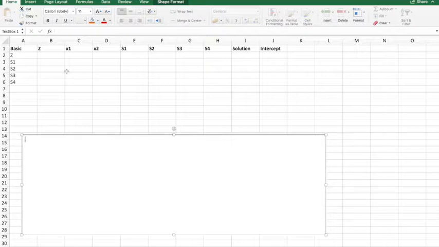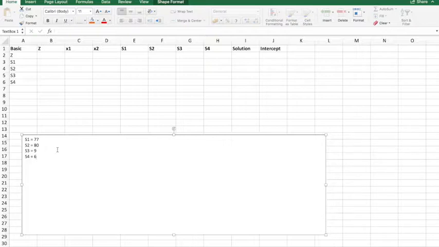Okay, so if we start at that solution, we can solve for each one of our variables. S1, let's use capitals, so S1 will equal 77, S2 will equal 80, S3, remember these are slack variables, equals 9, and S4 equals 6.